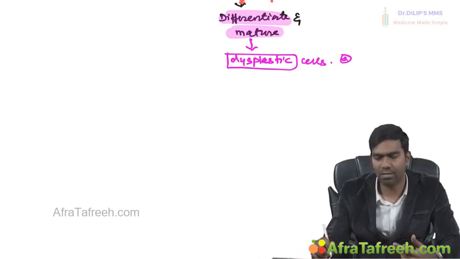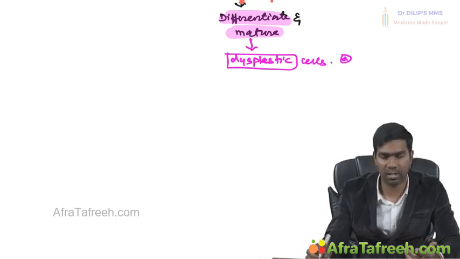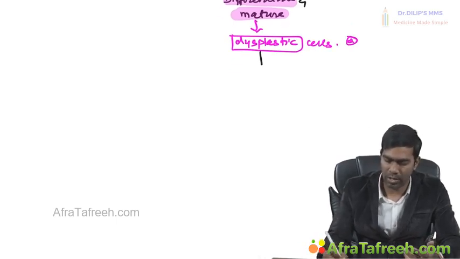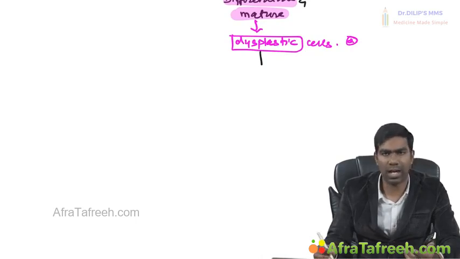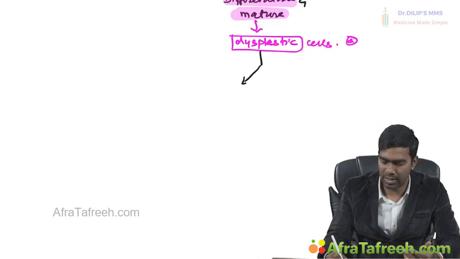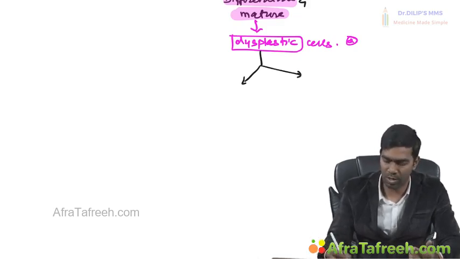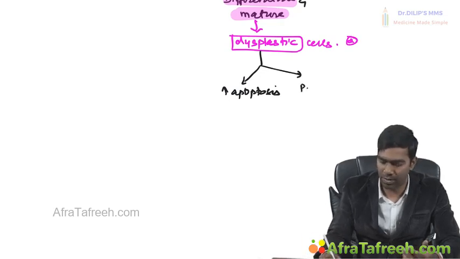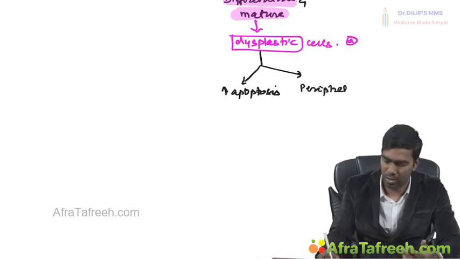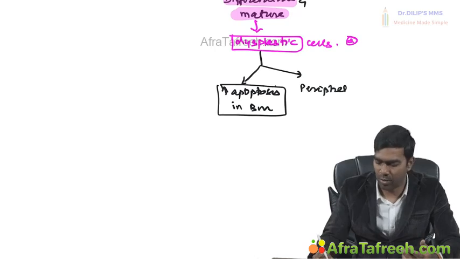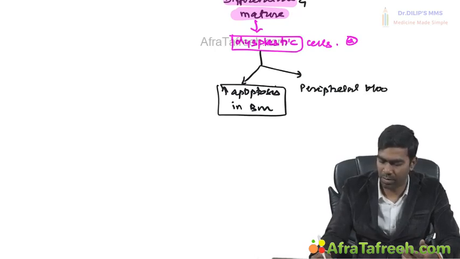Whenever you have this kind of dysplastic cells, two things will happen. One, only a few of these cells will make it out of the bone marrow. Majority of them will go for apoptosis, and only a few will leak out into the peripheral blood.